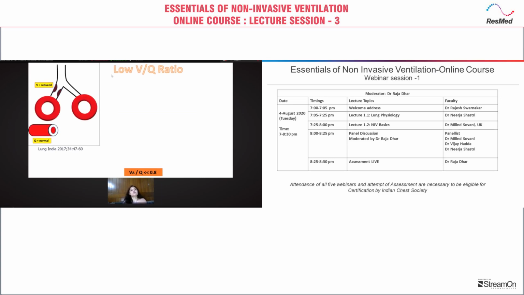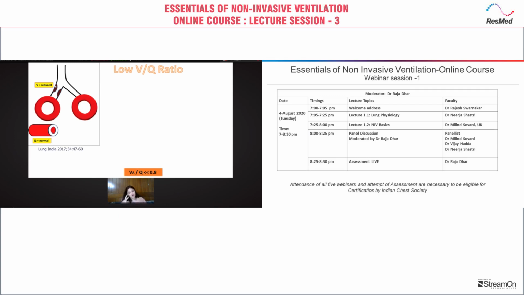Low VQ ratio means your ventilation is reduced, but your perfusion is normal. Now this low ventilation perfusion ratio causes whatever air is present in the alveoli to be very little for the blood to carry further. Now what will happen? The blood will shunt and get mixed with deoxygenated blood.